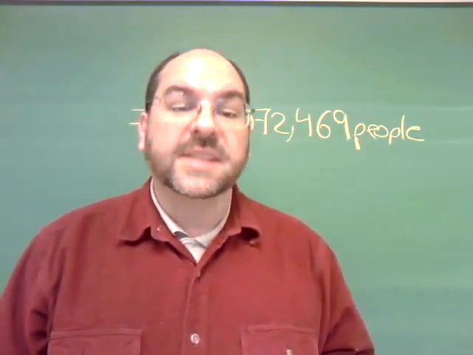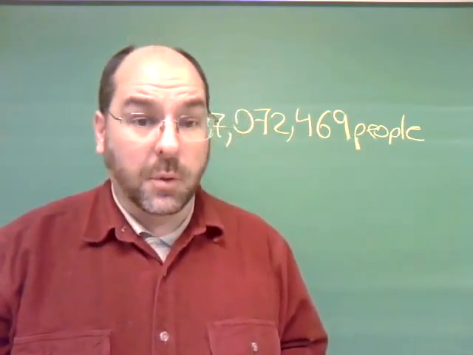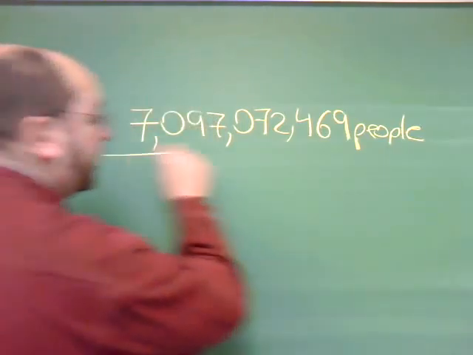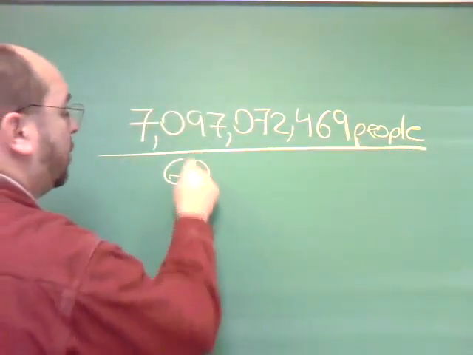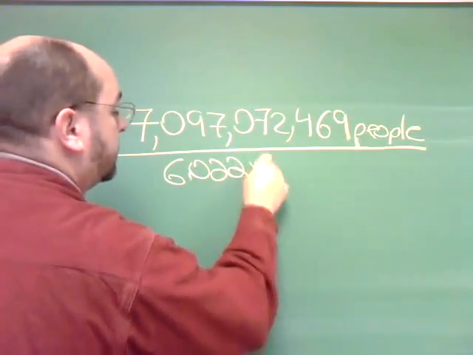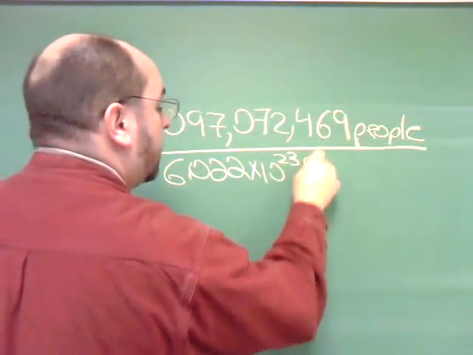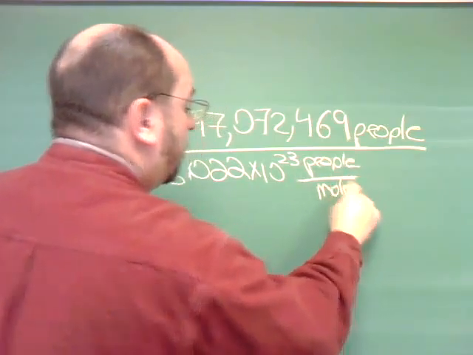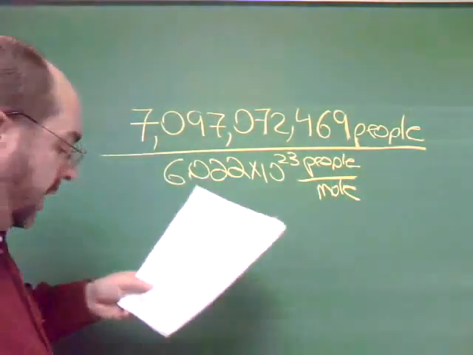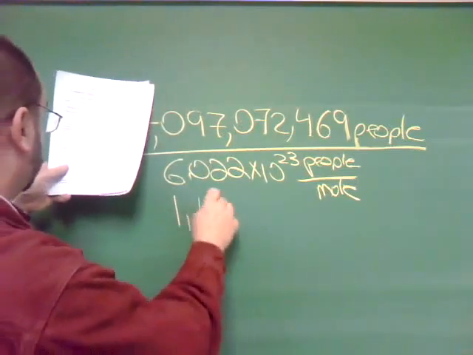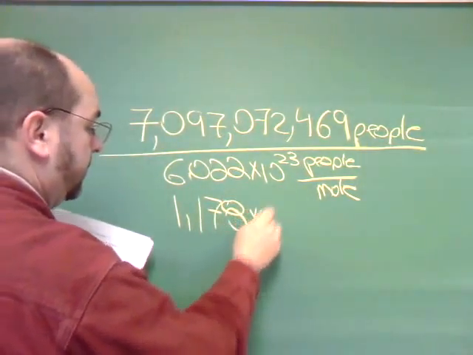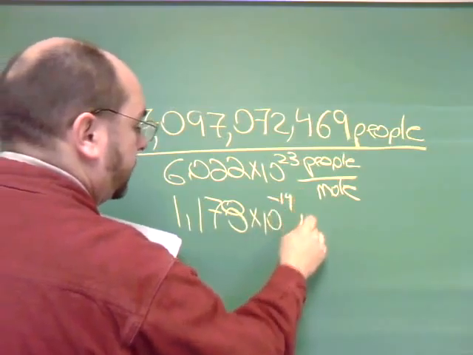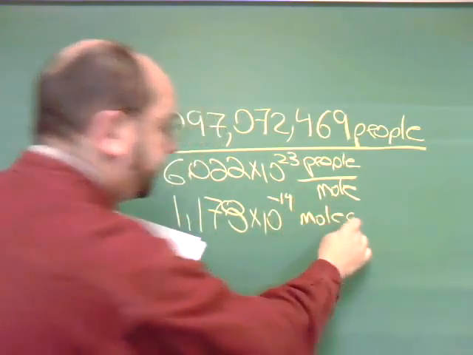That number of people is a tiny fraction of a mole. That number divided by 6.022 times 10 to the 23rd people per mole of people would equal 1.178 times 10 to the negative 14th moles.